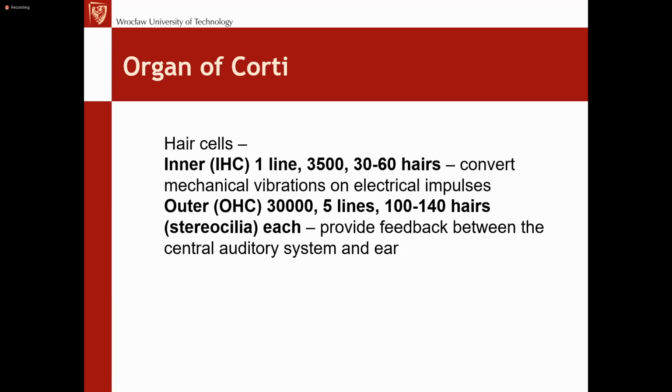The total number of inner hair cells is 3,500, and each of them has from 30 to 60 hairs, and this kind of hair cell converts mechanical vibrations into electrical impulses.